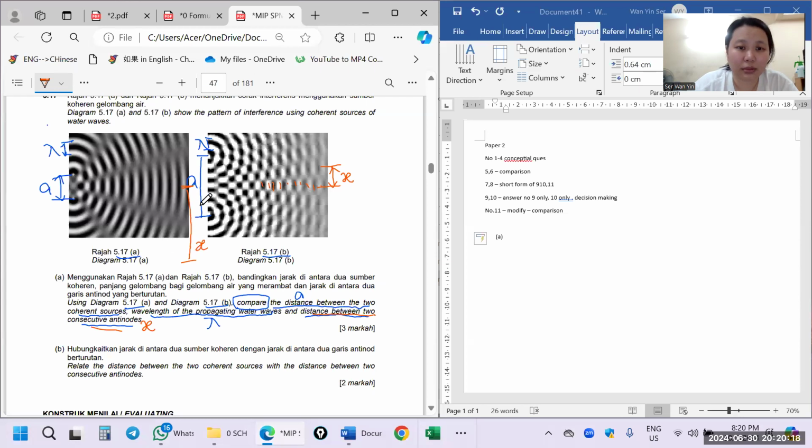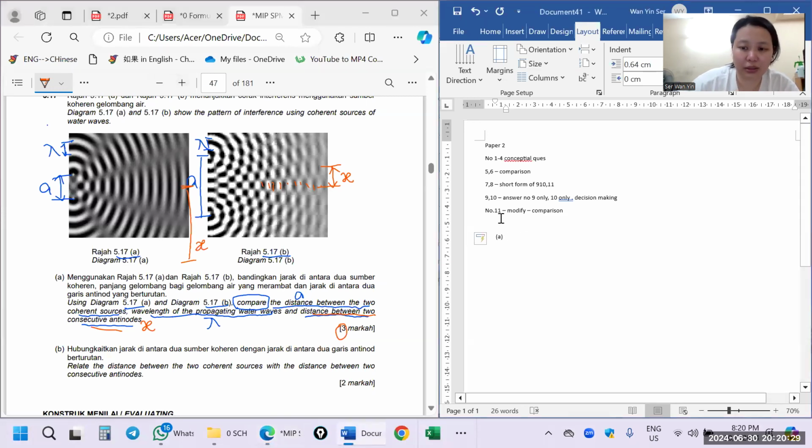Okay, so now let's compare. Normally compare 3 marks now. Compare the distance between the two coherent sources. So let's type here in point form.